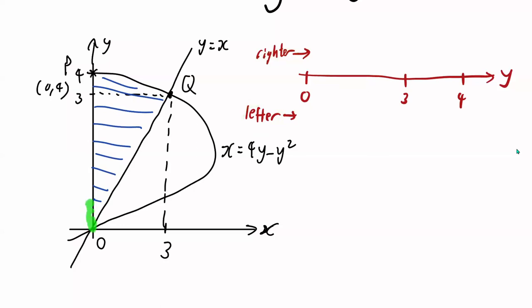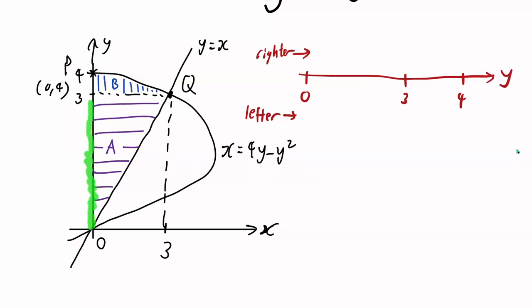As you travel from 0 to 3, this region here, maybe it's nicer if I just split the region up, as we've been doing. Maybe I'll call this region A, then I'll call the other region B. Can you see A and B? So let's take a look at region A. As you travel along the y-axis from 0 to 3, who is the righter and who is the lefter function?